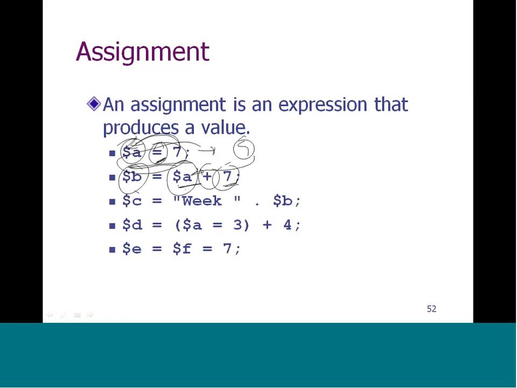Currently this is equal to 14, but it can change based on the value of A. And then $C is concatenated with $B. So can somebody say what will be the answer for this one? It is "weak 14".